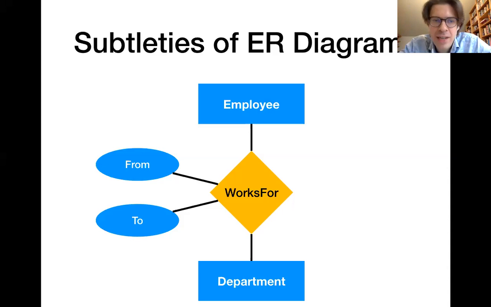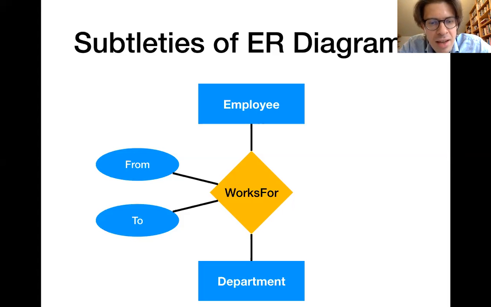Now, in this representation, the from and the to attributes have one value for each combination of an employee and a department, right? So here the works for relationship connects one employee and one department.